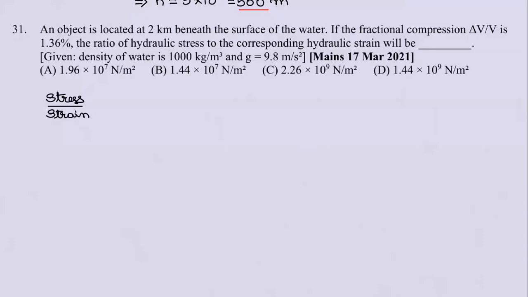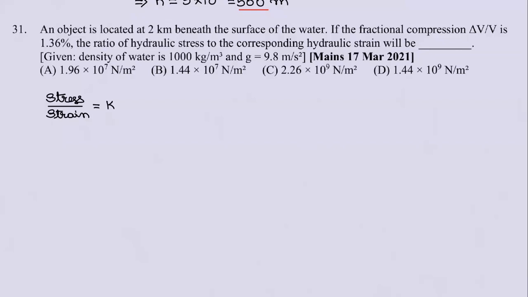Sir, what is this hydraulic? Hydraulic is nothing but bulk. It is equal to bulk modulus K. They want me to calculate K. Okay, fine. So stress is, depth is given, rho GH.